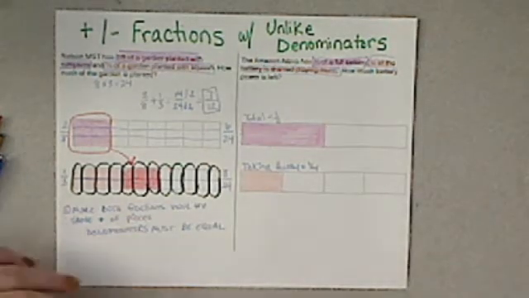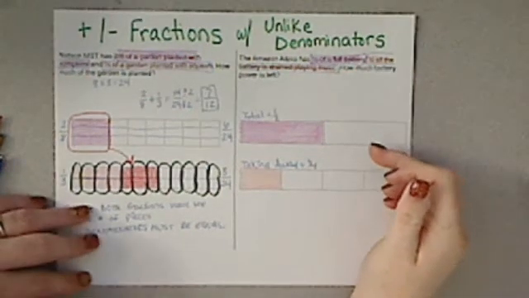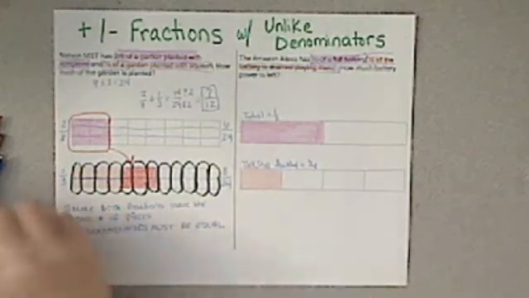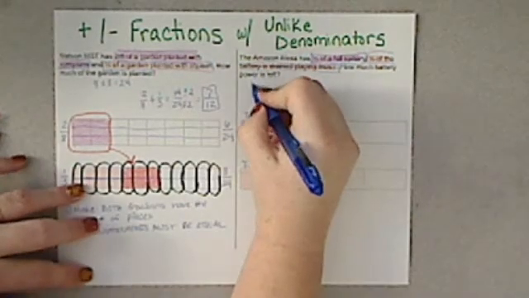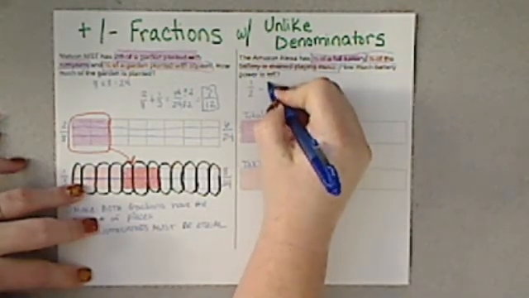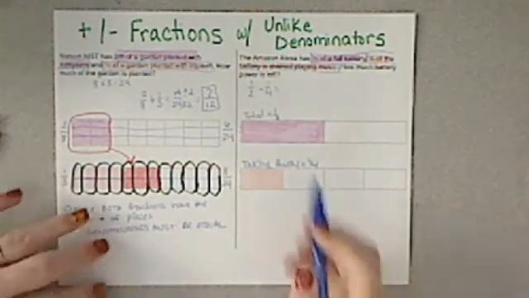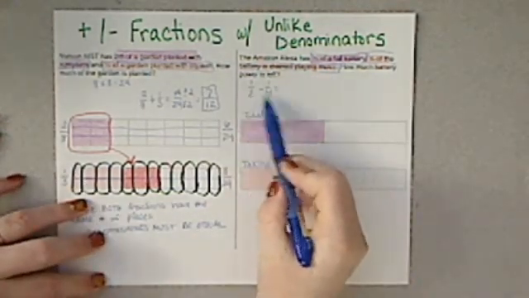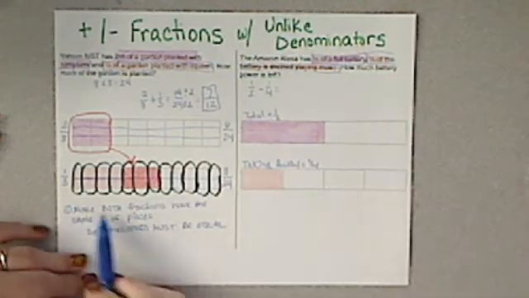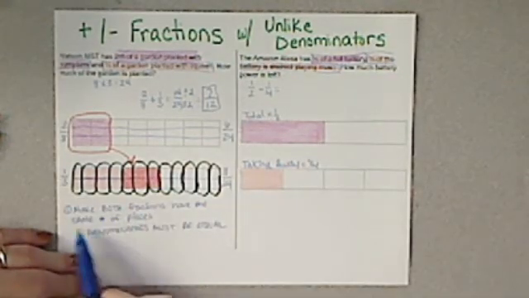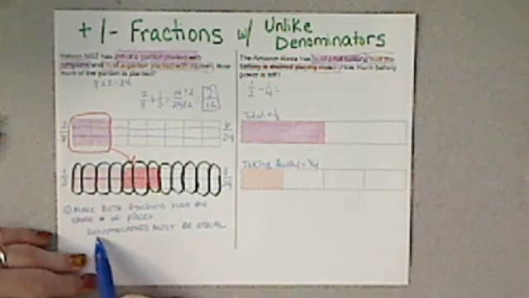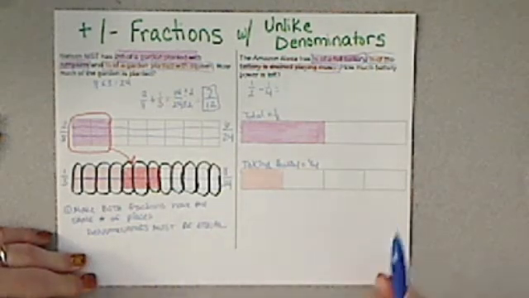All right. Now, this time I'm taking away a piece, so I'm subtracting. So I'm going to be taking this 1/2, and I'm going to take away 1/4. But again, my denominators are not the same. So just like this step, you have to make both fractions have the same number of pieces, which means the denominators must be equal.